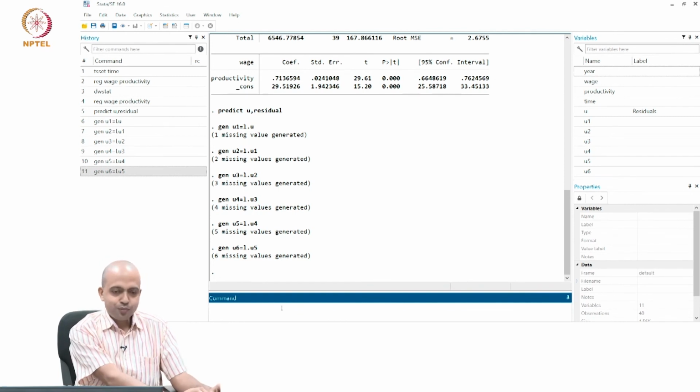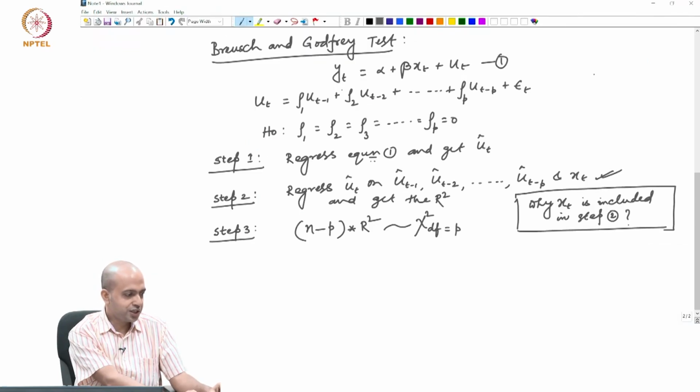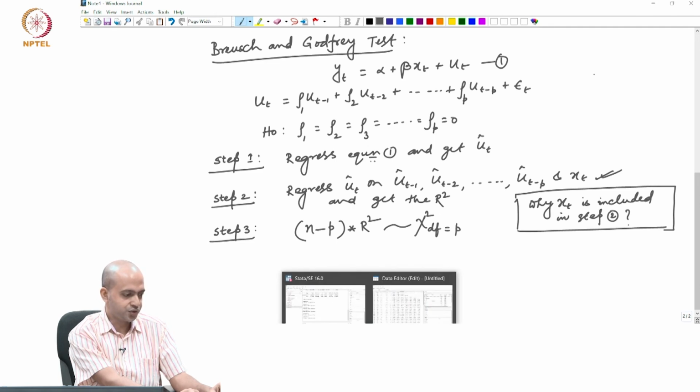Now, what do we have to do? We have to run that particular equation. Just look at the equation once again. This is the regression we have to run: ut should be regressed on all its previous values. So, you are in step 2, where ut is regressed on its previous values as well as xt.